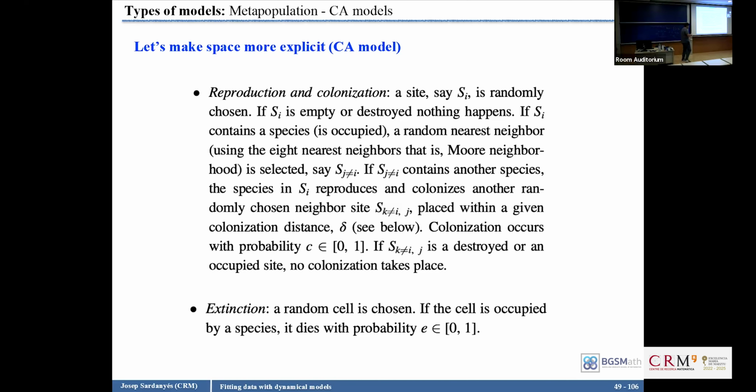The idea is that this individual colonizes another place where there is another plant and has no resources for growing, and it dies. Or if it goes to a destroyed site, it cannot grow because the soil is destroyed. There is nothing. Okay, it cannot grow.